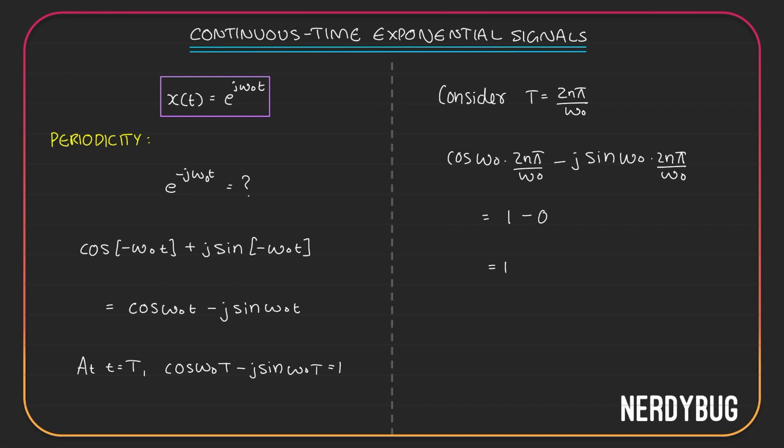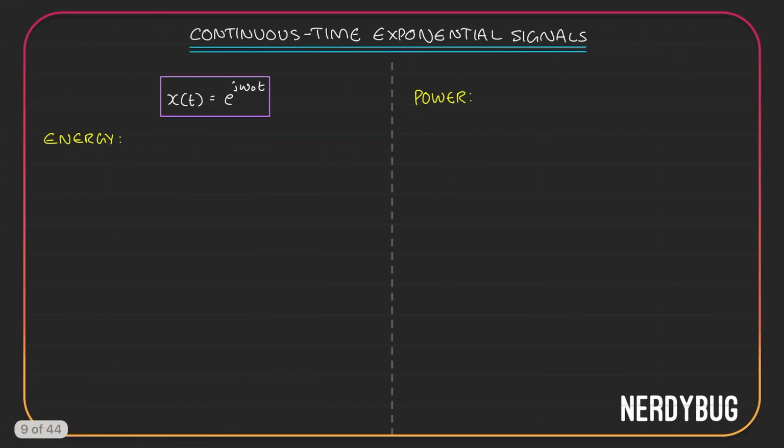And 1 minus 0 is 1. So what we just found out here is that time period 2n pi by omega naught works here also. That is, e raised to minus j omega naught t has the same fundamental time period as e raised to j omega naught t.